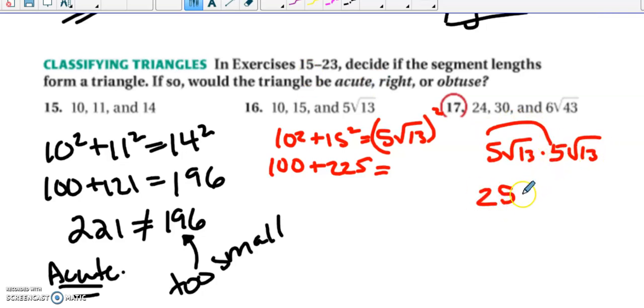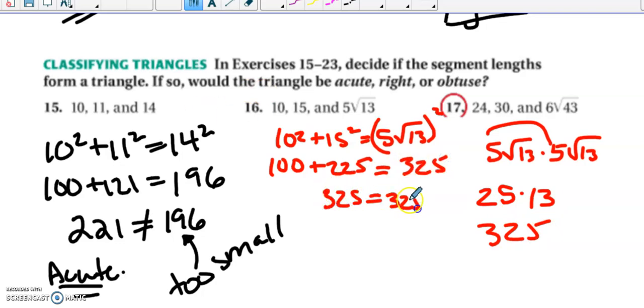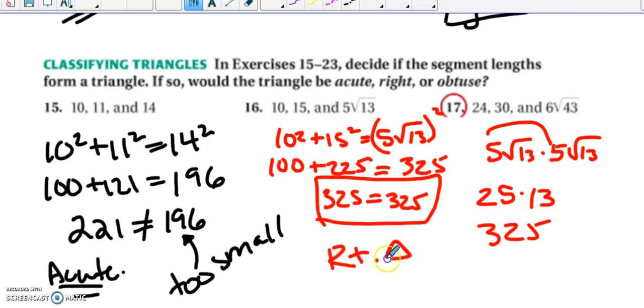When you square a square root, that cancels it out, so that's going to give us back 13. 25 times 13 gives us 325. So in this case, 325 equals 325. That's obviously a right triangle.